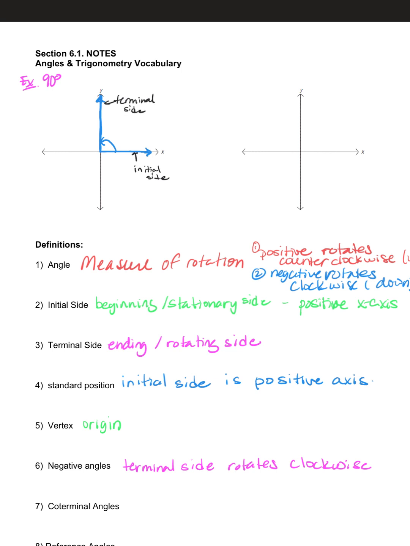Another thing we need to label, so we always want to label our graph, and you'll need to do this. So this is where we start, right here at the x-axis, is 0 degrees and 360. And make sure your degree sign looks like little degree signs. 90 degrees, 180 degrees, and 270 degrees.